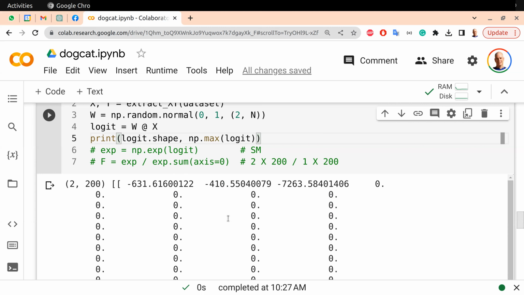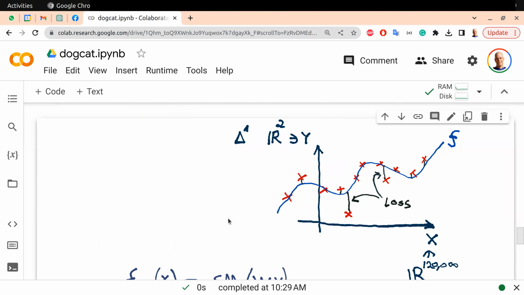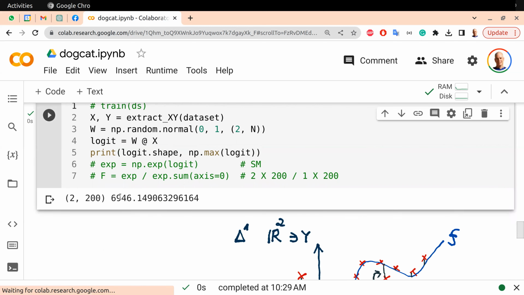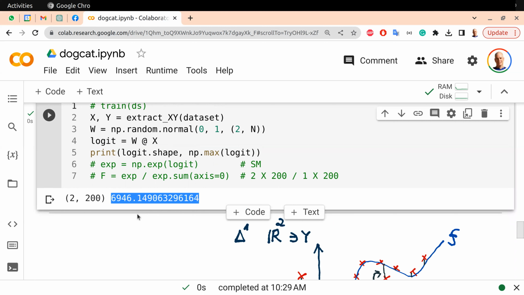So now I will print the maximum element of logit. I'm running it. Wow. Can you imagine e to the power of this number? So clearly we have a problem. Houston.